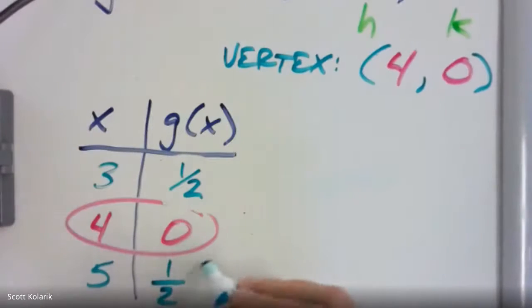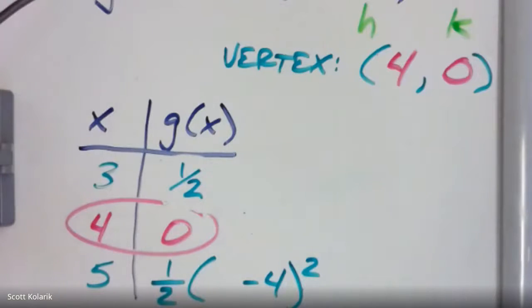The equation is 1/2 times (x minus 4) quantity squared, but instead of that x, I'm plugging in this 5 value. When I plug in this 5, parentheses comes first, so 5 minus 4 gives me +1.